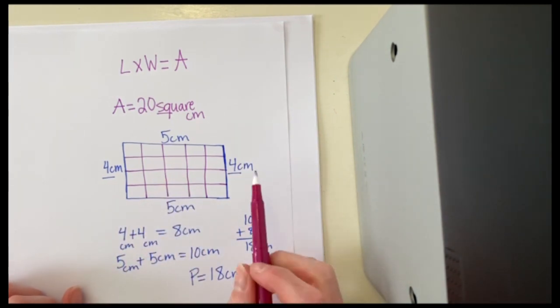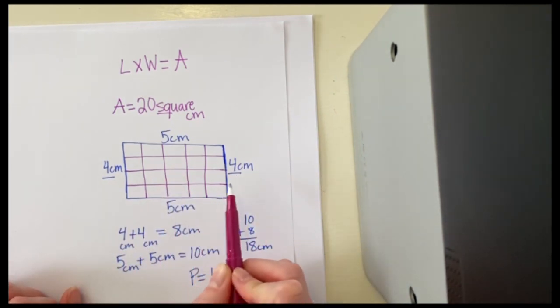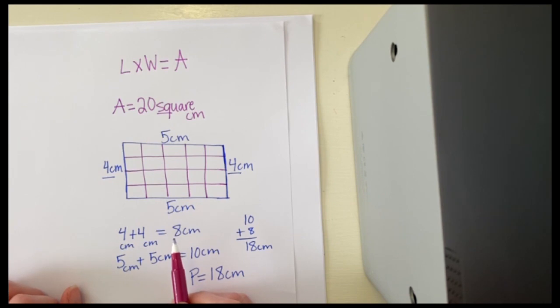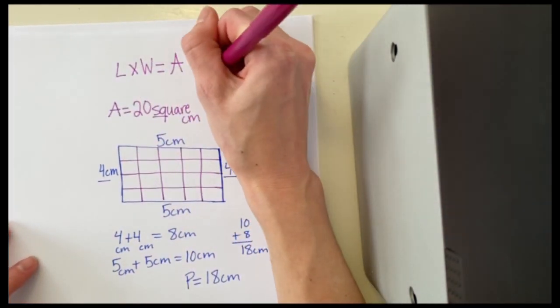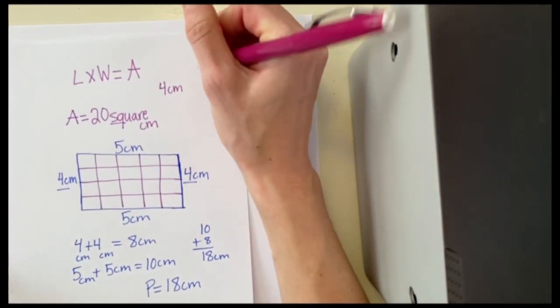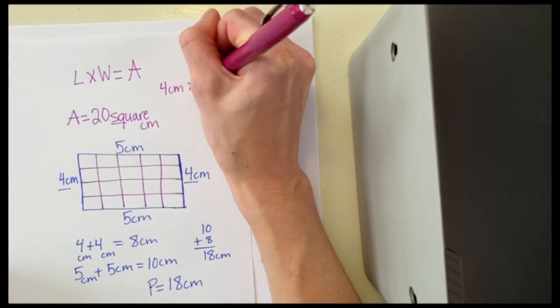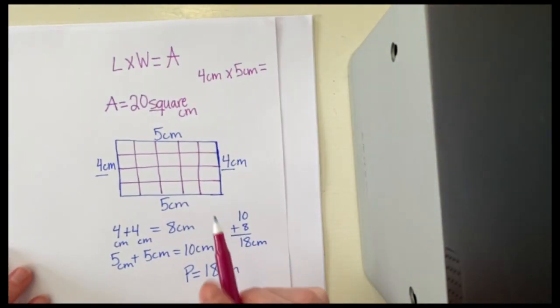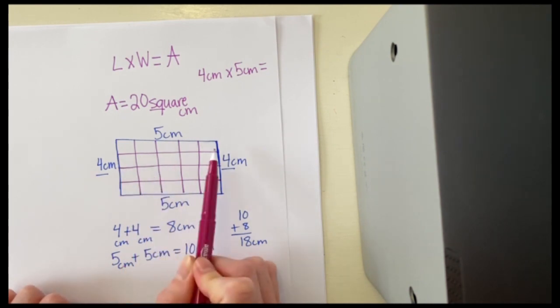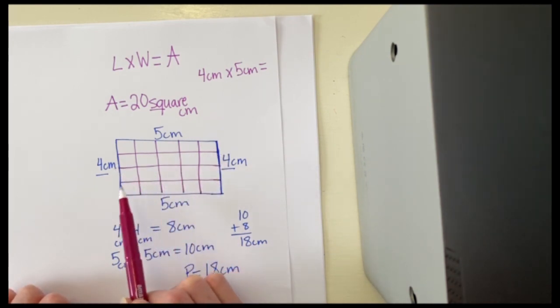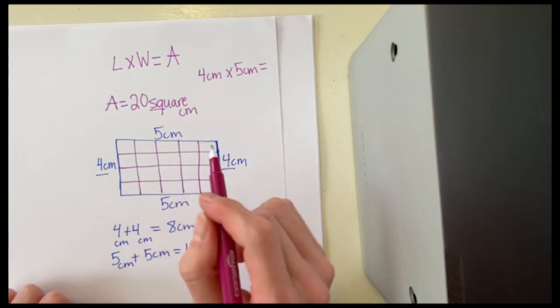So let's go ahead and try that. 4 centimeters times 5 centimeters. Well, we can either count 5, 10, 15, 20. That's good, it equals 20.